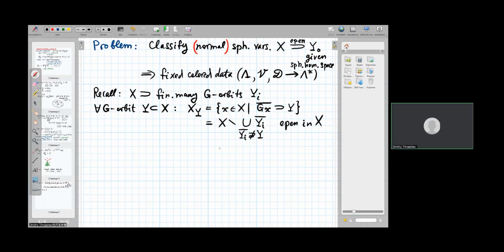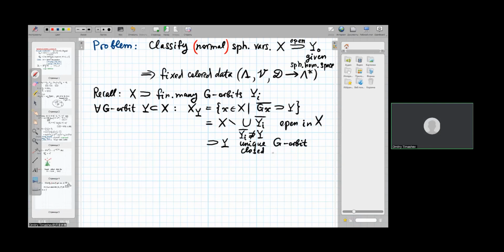And also, X sub Y contains the orbit Y as the unique closed G orbit. Let me write it like this: the unique G orbit which is closed in this subset.